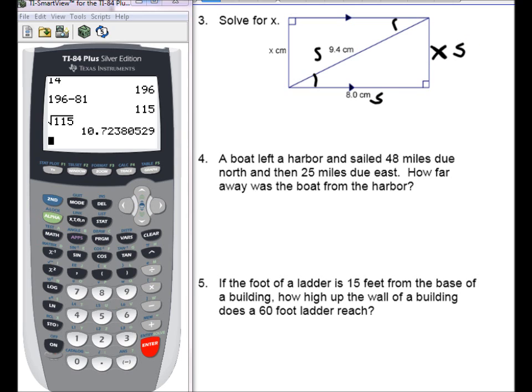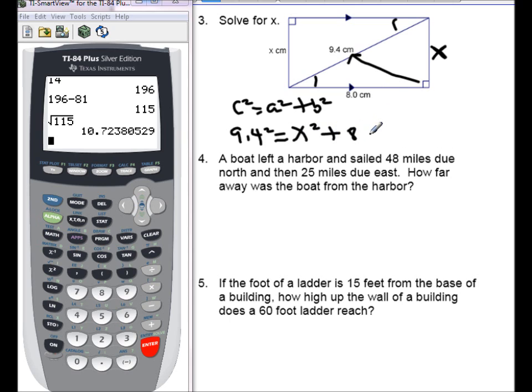So we're going to use Pythagorean theorem again. Pythagorean theorem says C squared equals A squared plus B squared. C is across from the right angle, the hypotenuse, 9.4 squared, equals A squared, I'm going to call X my A, plus B squared, which is 8, and I'm going to square it.